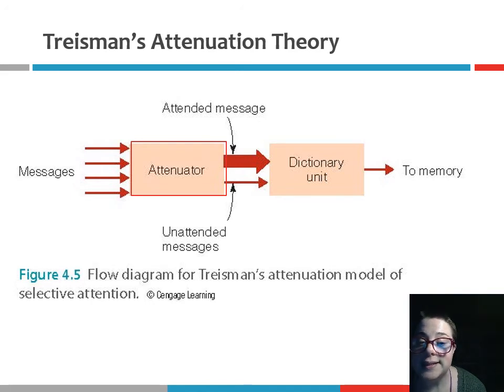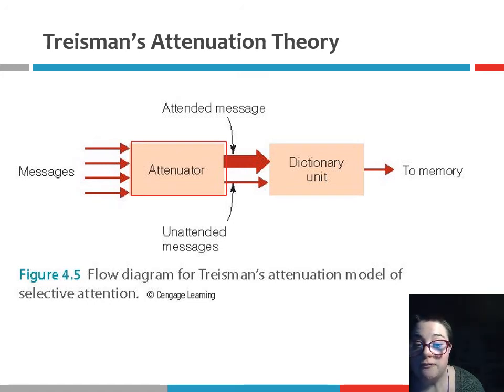So what the attenuator is going to do is extract, if you will, 3 types of information from both the attended channel and the unattended channel, or the messages therein.